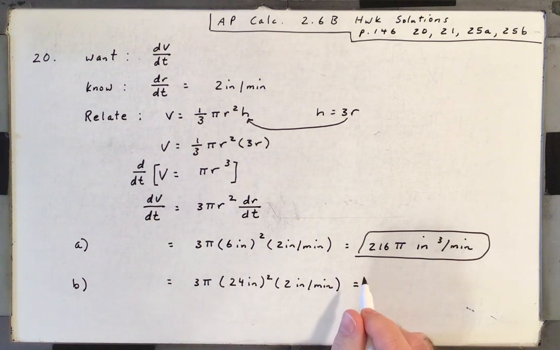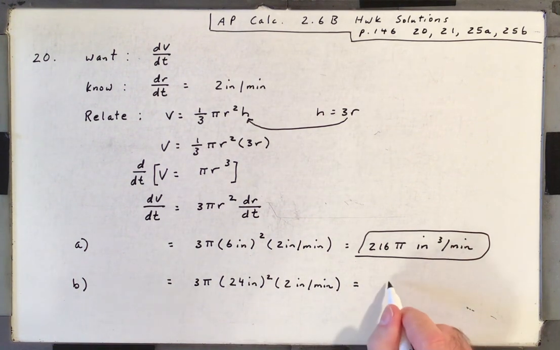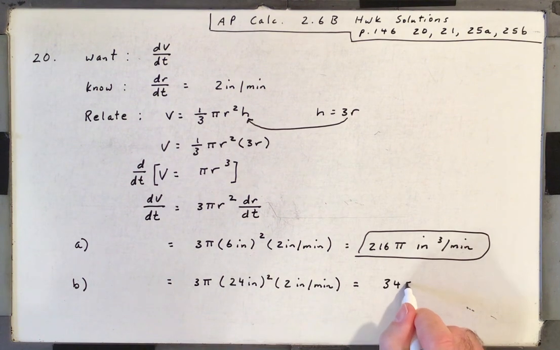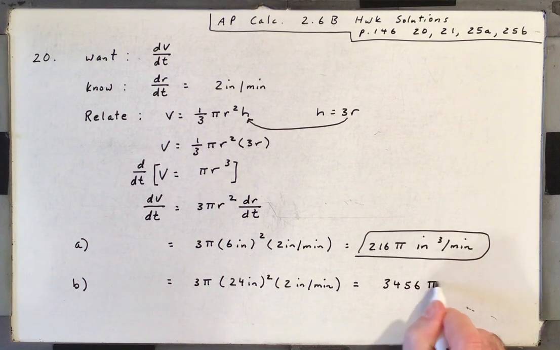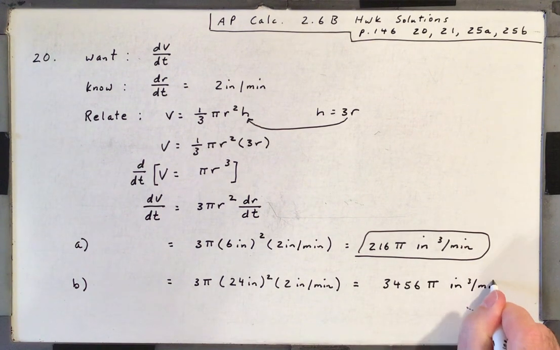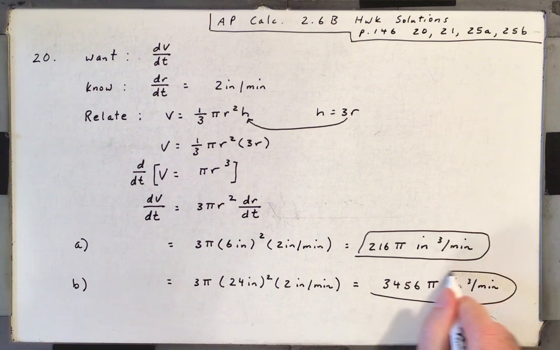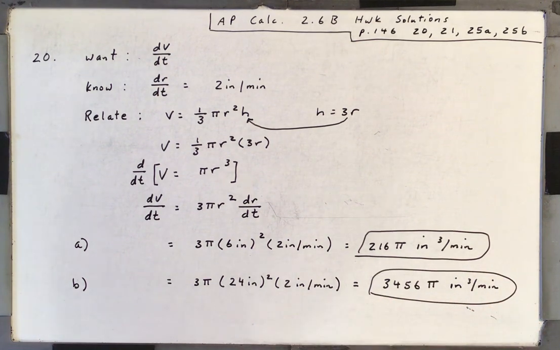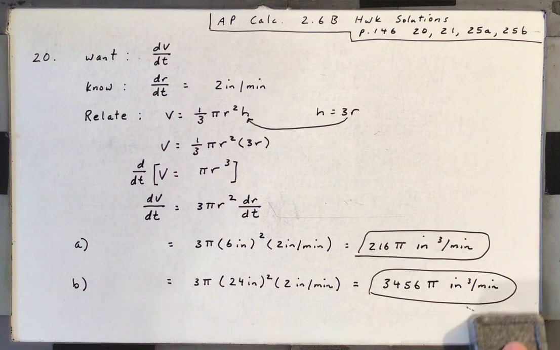All right, and that's 3,456 pi inches cubed per minute for part B. So all the work is in part A. If you need to pause the video, go do that, and we'll get on to number 21.